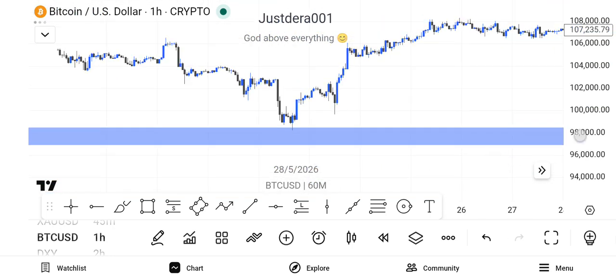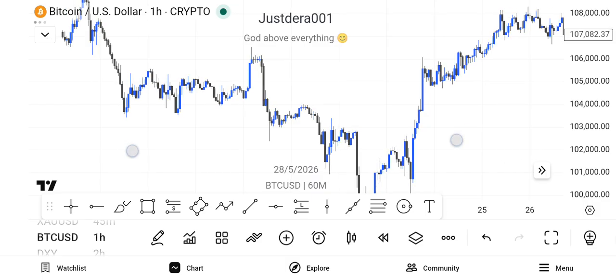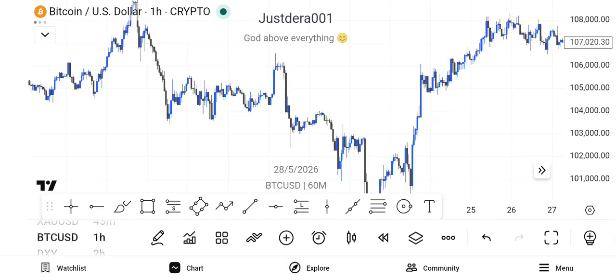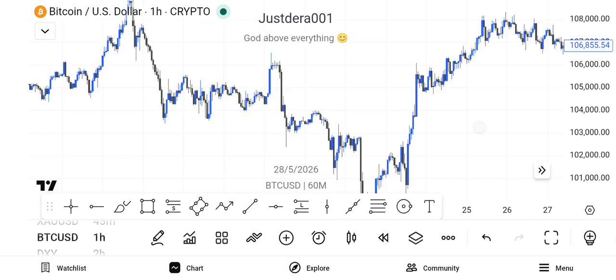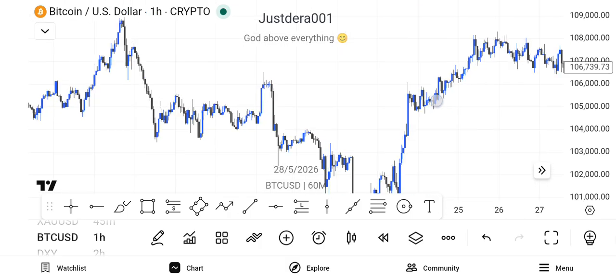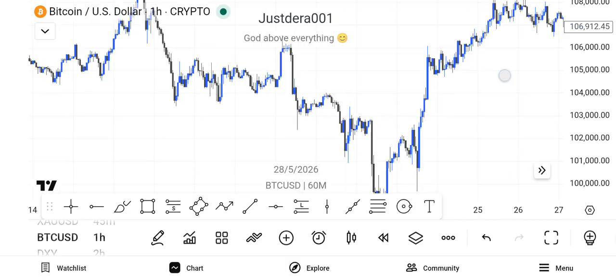So you guys can see that before the market came to that zone, it was on a downtrend. If the market is approaching that zone that you marked out on the daily time frame, then it's going to be on a downtrend on the lower time frame.